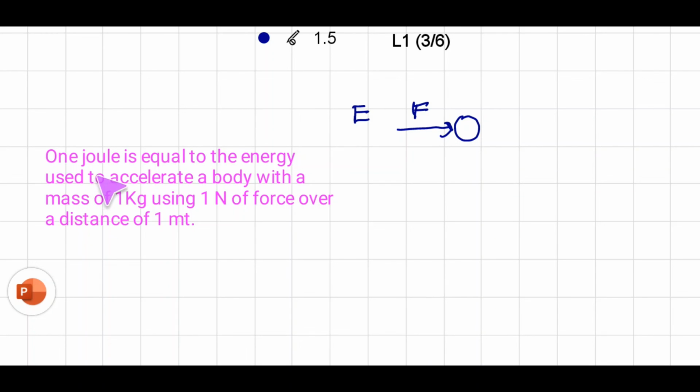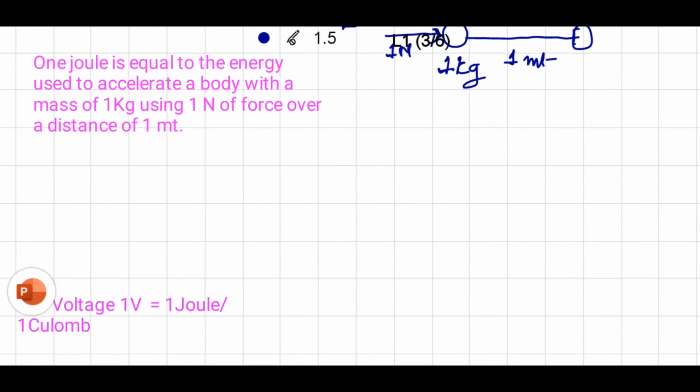When we talk about applying 1 joule of energy, what exactly does it mean? If the mass of the body is 1 kilogram, and the force which we are applying is 1 Newton, and the body is accelerating over a distance of 1 meter, then the total energy utilized is 1 joule. So that concept must be clear.